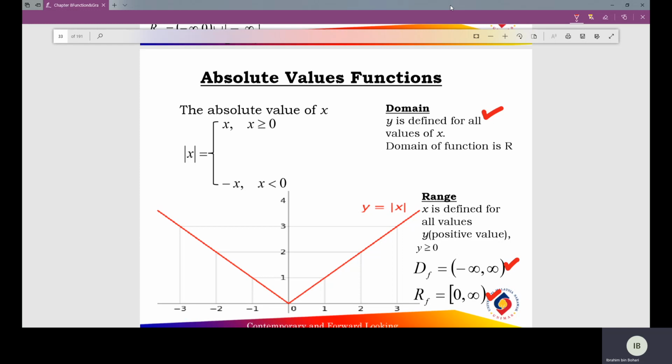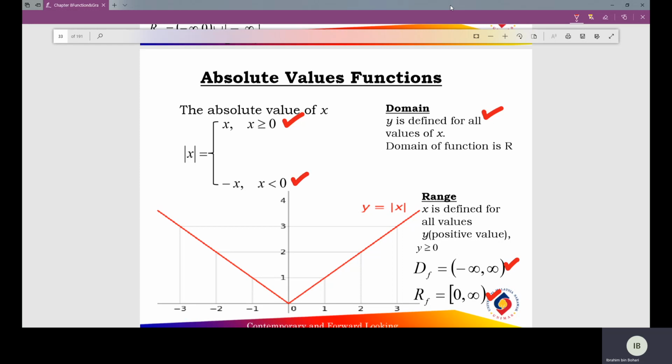When f(x) equals the modulus of x, the first part of the function is f(x) equals x, with the domain x greater than or equal to 0. The second part is f(x) equals negative x, with the domain x less than 0.